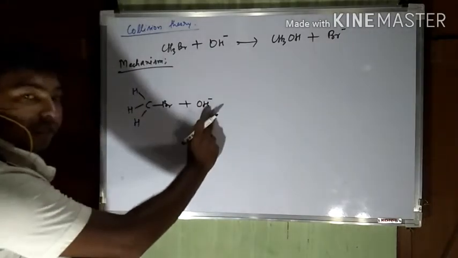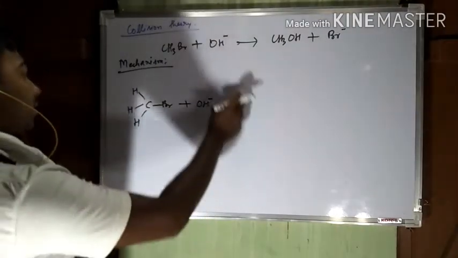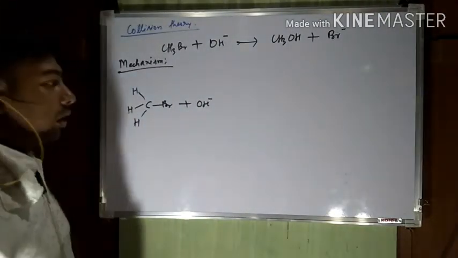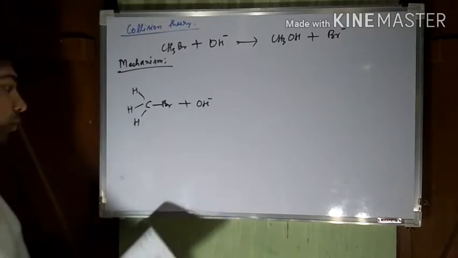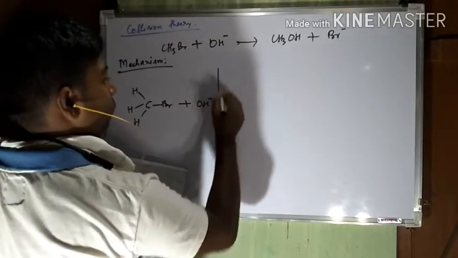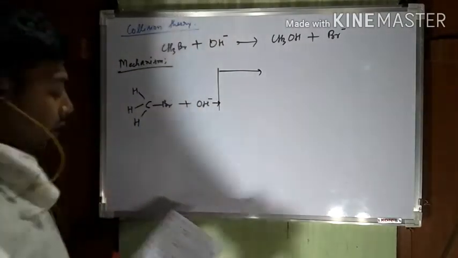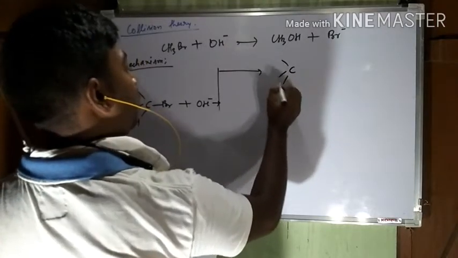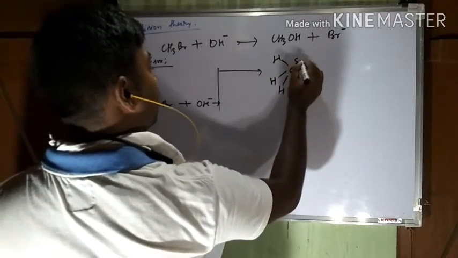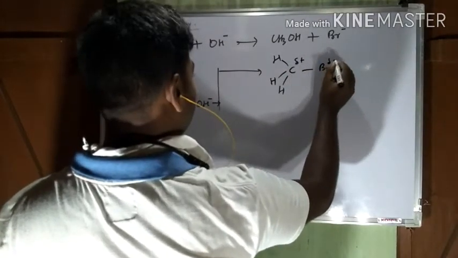When OH negative attacks this carbon, we get two types of intermediate. The first intermediate is this one, where the carbon becomes partially positive and the bromine partially negative.